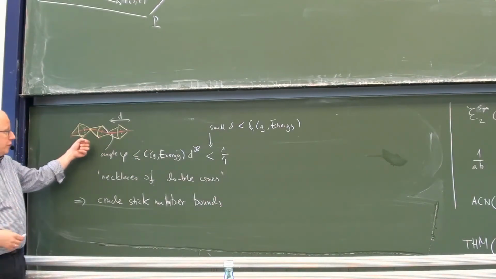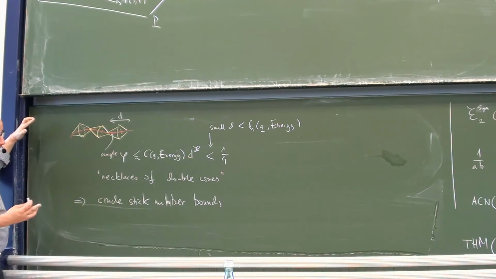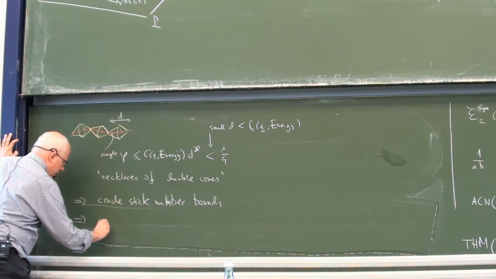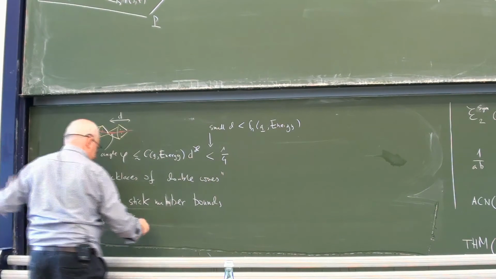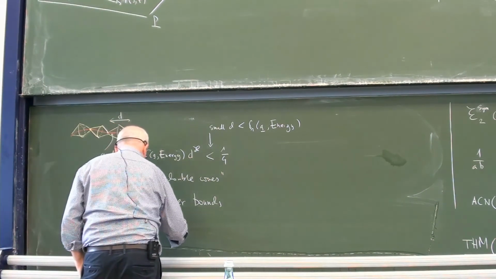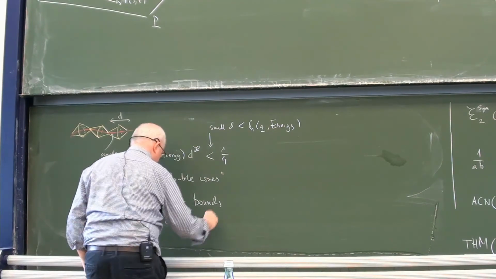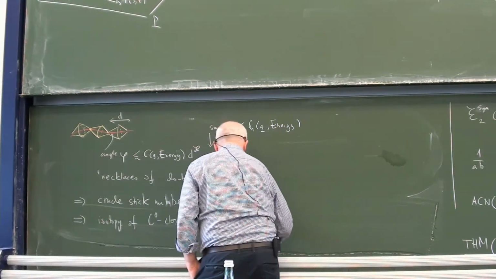If it is a knotted curve, you can construct a stick model using sticks of that length, many of them. It's of course a very crude bound, but nevertheless it is a stick bound depending only on the energy, and you can use it to obtain isotopy of C0 closed curves under energy bounds.